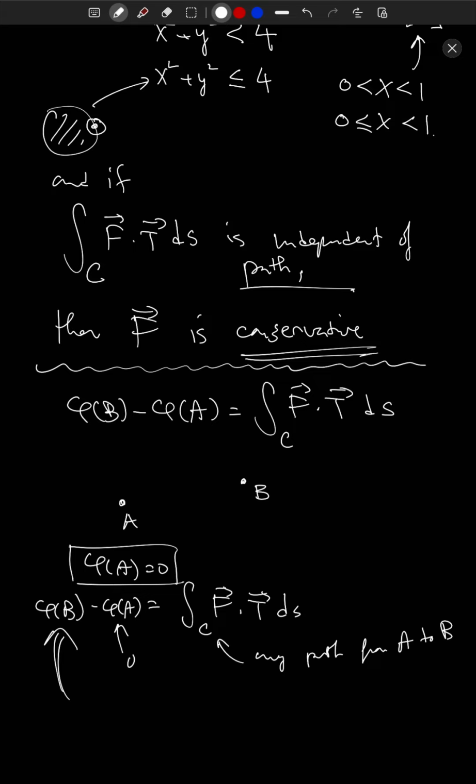This whole procedure works because of path independence, because it doesn't matter what path I take from here to here, my integral will be the same. If this were not the case, then there's problems with this definition, in that it's not going to be well defined. Because if you take different paths, you get different phi of b's, which definitely is not cool.